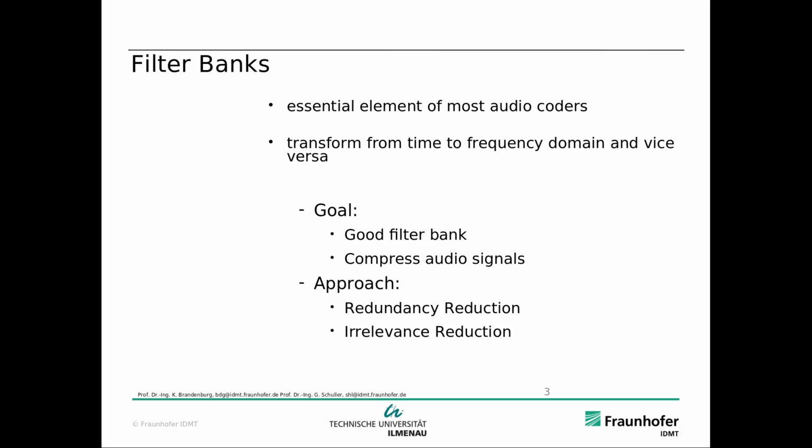As soon as we apply quantization, we lose information, and that means we need to apply irrelevance reduction. Redundancy, we don't lose any information. It's just looking at the statistical dependencies. Irrelevance, we lose information through quantization. And that's why we need to apply a model of the receiver, here the ear, the psychoacoustic model.